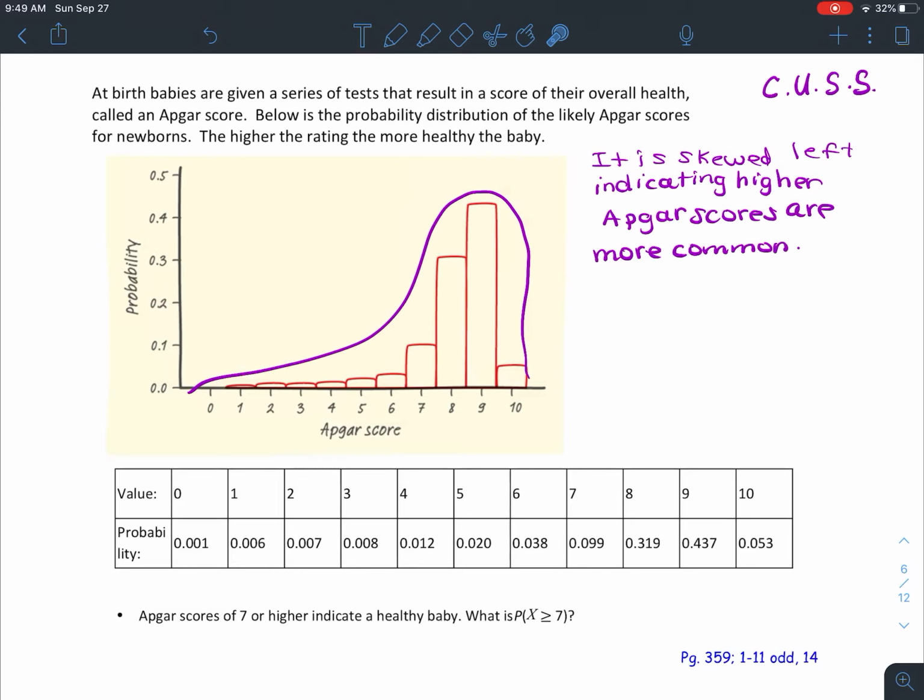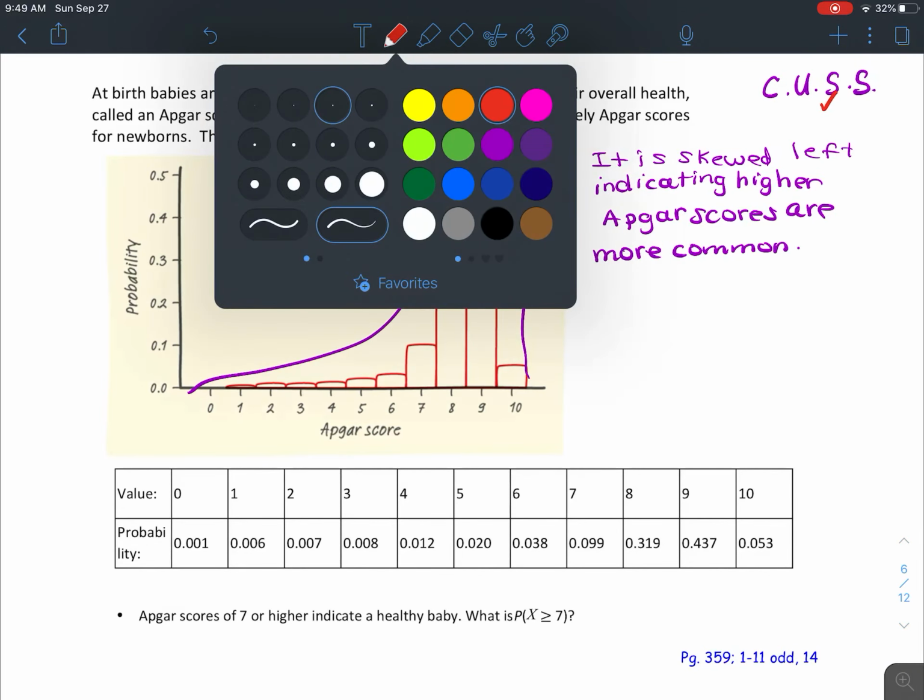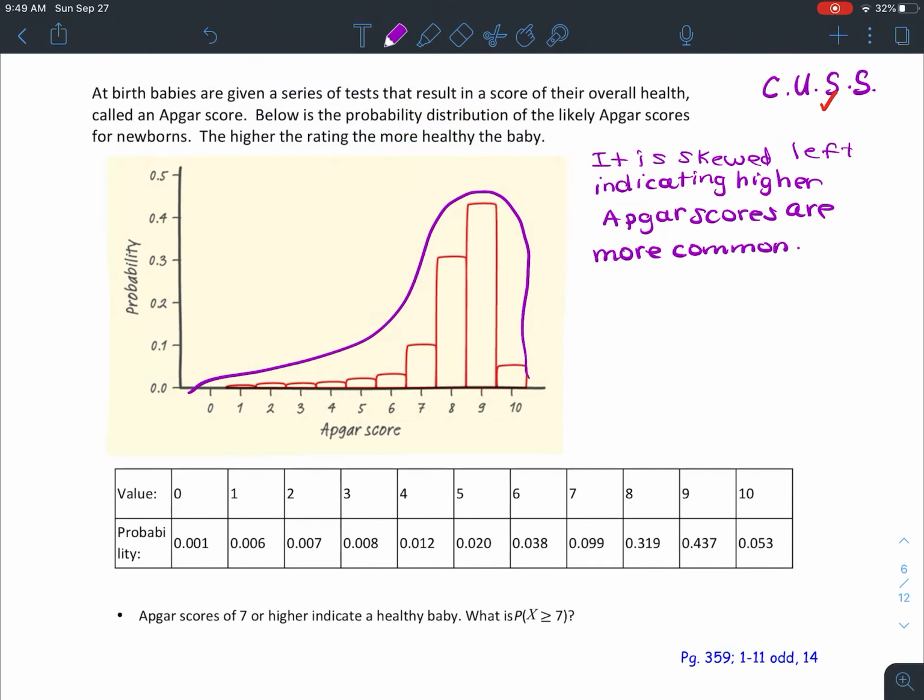Of course, we know that if there are more values on the right side, then more of the babies are having the higher APGAR scores, which is what we would expect. We would expect most of the babies that are born to be healthy. So that checks off the shape. We'll let that be shape.